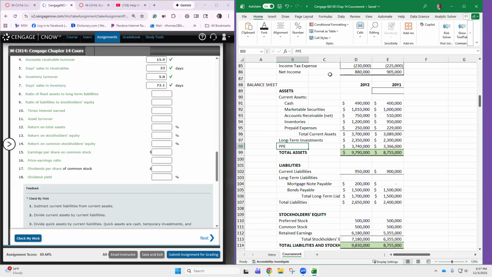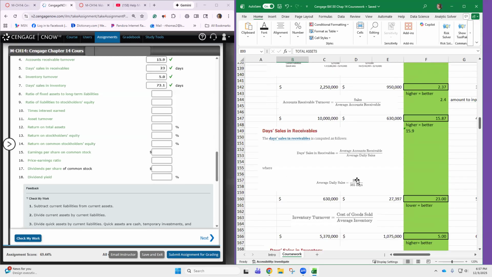So this must be net. Fixed assets is also known as property, plant, and equipment. So I'm going to put that in here. If you don't see accumulated depreciation, then you can assume that it's already been subtracted from both of these years.